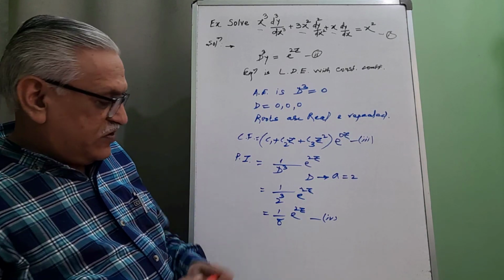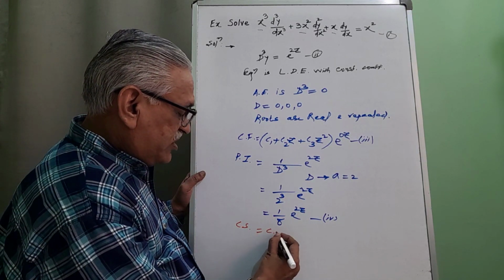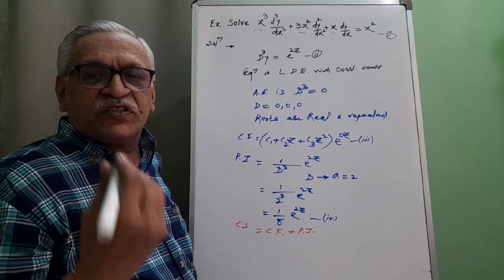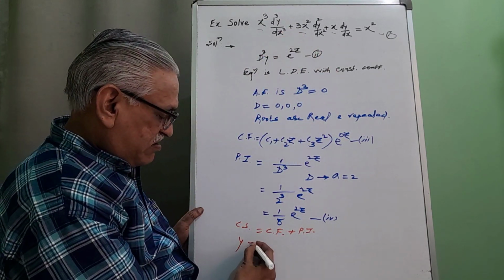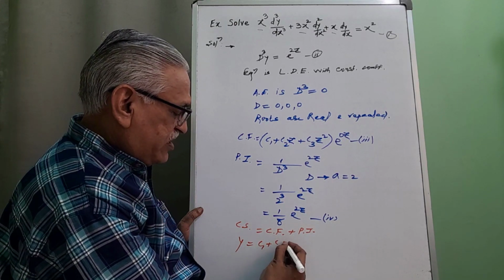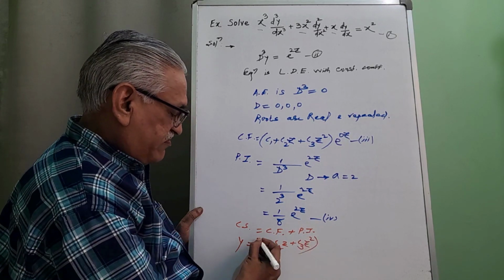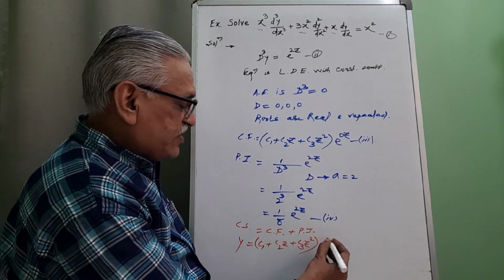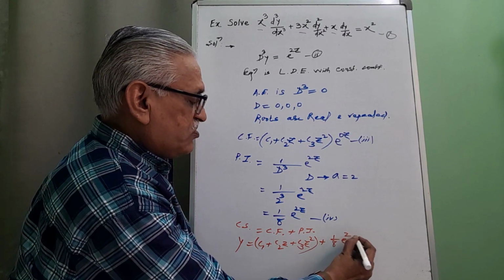And therefore, that complete solution is CF plus PI. Complete solution is always for the dependent variable. Here the dependent variable is y. CF we get C1 plus C2z plus C3z square, e raised to 0z is 1, and plus 1 by 8 e raised to 2z.